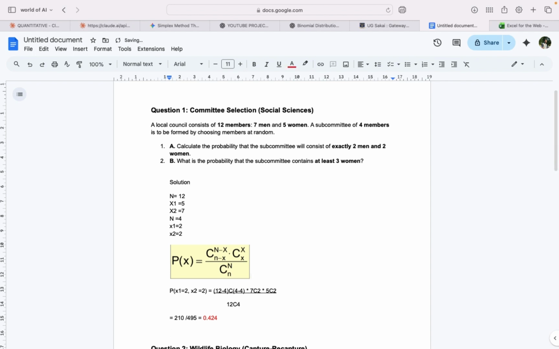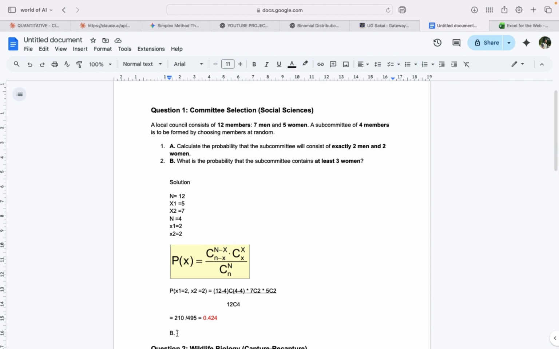So for the B. They are asking what's the probability that the subcommittee consists of at least 3 women. So here we are talking about only women. They are saying at least, right? So you know the formula already.